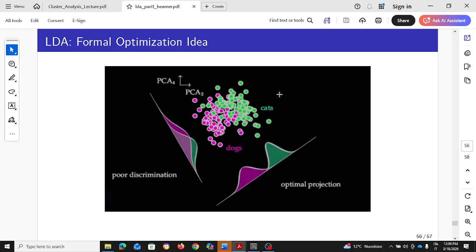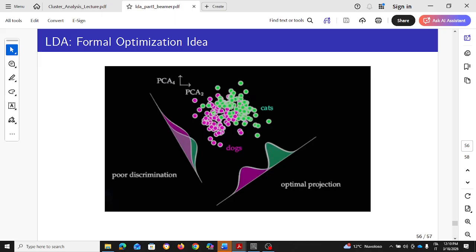so here is the best example you will find in literature, which is, for instance, we have this data, and the data is to make a separation between dogs and cats. Okay?